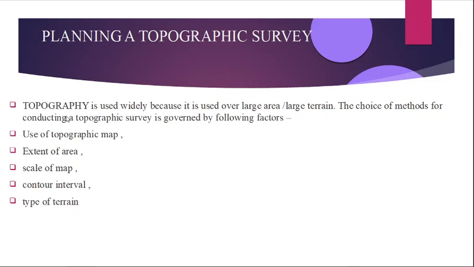A topographic survey for a large scale map should be conducted by more refined methods than surveys for a small scale map. For example, for the computation of earthwork from a topographic map, a large scale map would be required and the ground surface should be represented quite accurately.